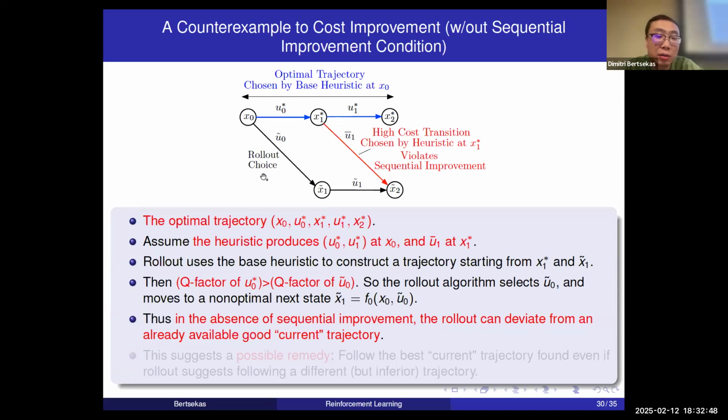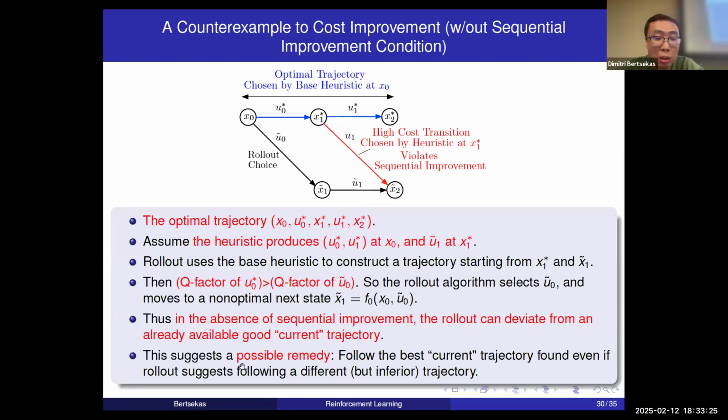Again, if we look at here, why is there no sequential improvement? Because at this point, the Q factors considered correspond to this path and this path, and neither of those two is better than the cost generated by the base heuristic starting from X0, basically this optimal path. Therefore, it does not have the sequential improvement condition, and the produced trajectory can be inferior to the trajectory generated by the base heuristic.